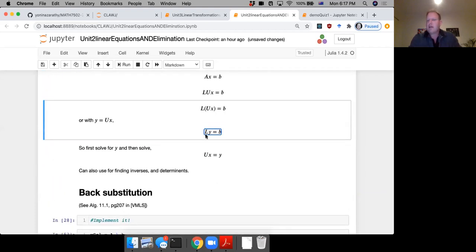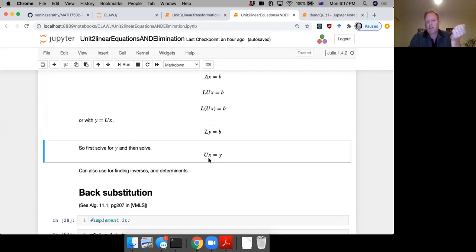So then after we've solved Ly equals B, we know what y is, but we still have y is Ux. We still have this system of equations, Ux equals y. So we again solve the system of equations with a triangular, in this case, an upper triangular matrix. And then we finally get our x.